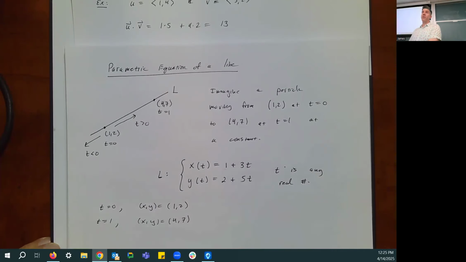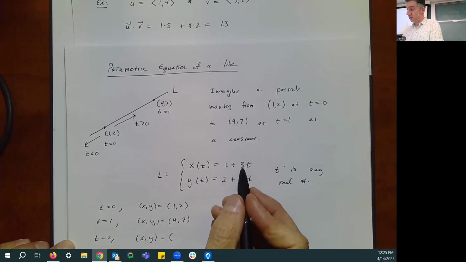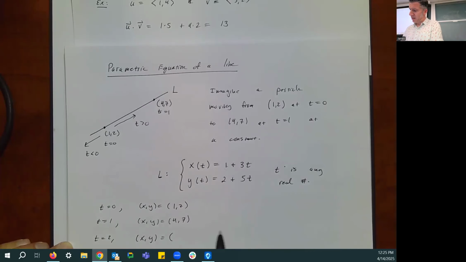We moved over 3 and up 5. And then you could just keep doing that. You could let t equal any number. If t equals 2, you're going to get x, y equal to 1 plus 6 is 7, and 2 plus 10 is 12. So we can get any point on the line by just picking the right value of t.